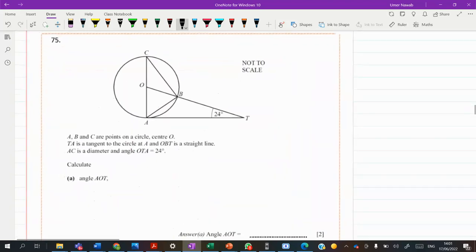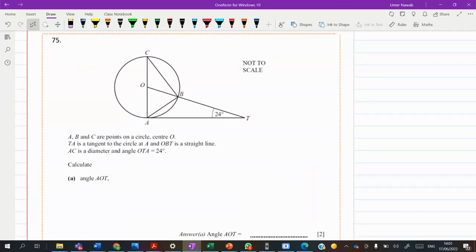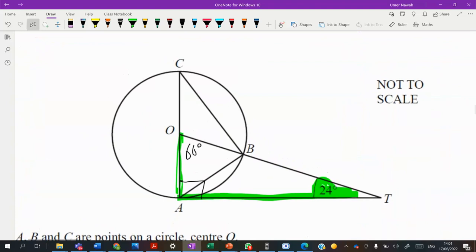Next, if you see this question, this is 24, this is 90. As everyone knows, radius and tangent are making 90 degrees. I can find this angle, that is 66. After a long time, this property came. What is the relationship of the angle at the center and angle at the back?